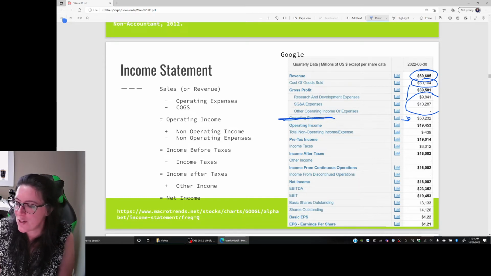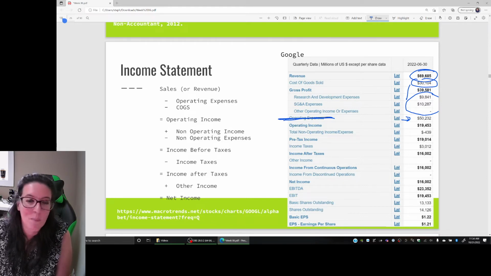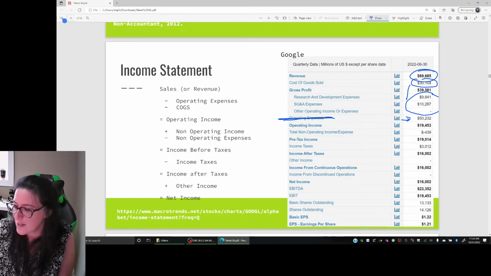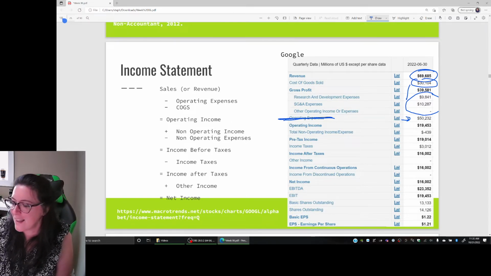Here, this sheet is reporting Google's operating expenses as 50 grand, but that is not operating expenses as we've been talking about in terms of the overhead costs. What they're listing here and calling operating expenses, which I've struck out here, is both the cost of goods sold and the overhead combined, right? So we want to be careful about that.